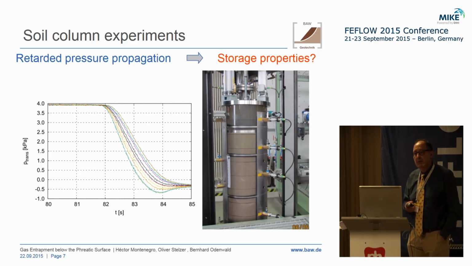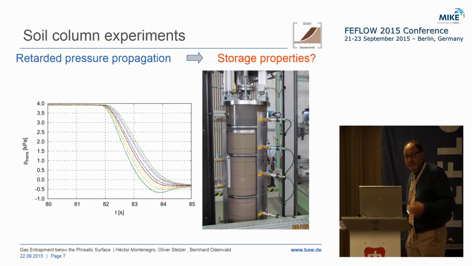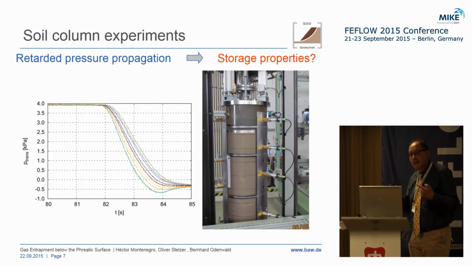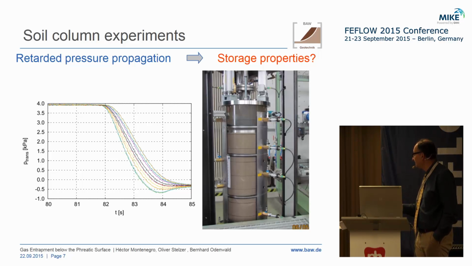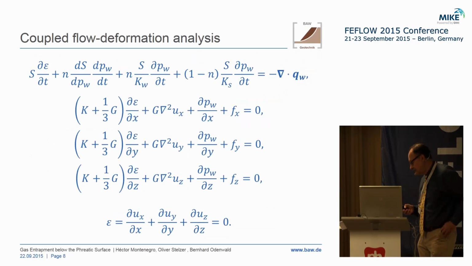This is not exactly what we would have predicted with a groundwater model, because if we assume there is no gas in there, we have very, very small storage properties. So we would have expected a rapid, simultaneous drawdown of all the measured heads, but we have not. This is the reason why we get head differences from inside to outside. The propagation is retarded, and the explanation for this retardation is the compressibility of the bubbles.